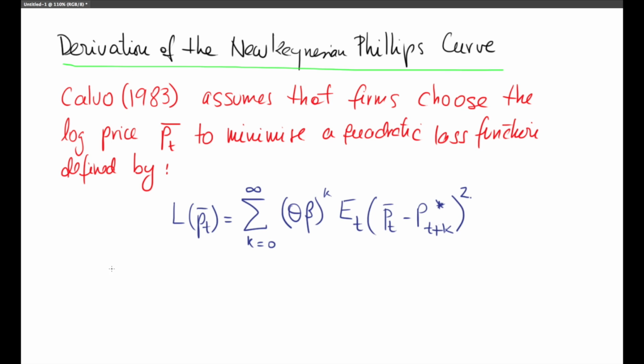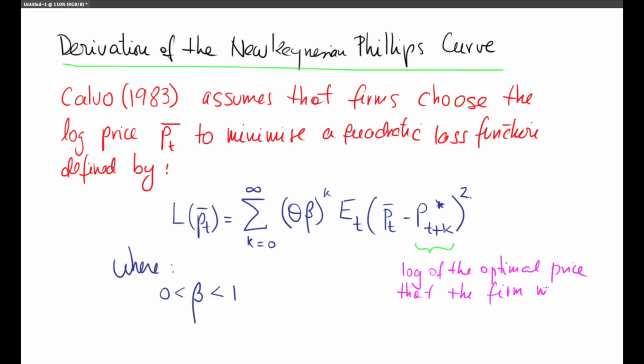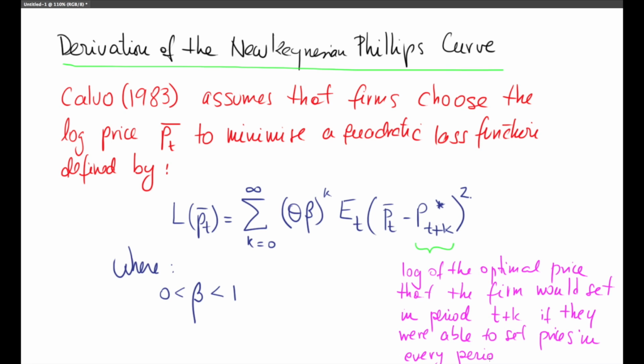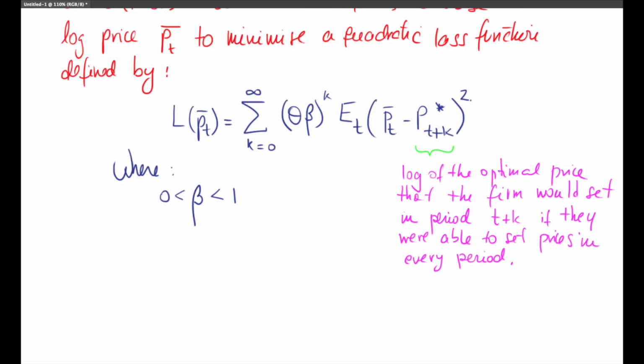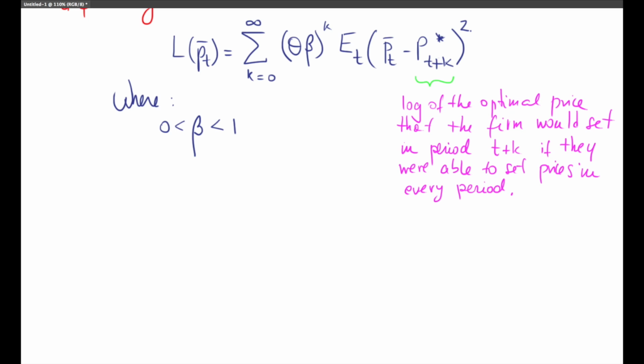Basically what the firms do is just to minimize this quadratic function, where beta is the discount factor, below 1 and positive, and p star t plus k is the optimal price if the firms can set the prices in every period. So basically what the firm has to do is derive this loss function with respect to p bar.